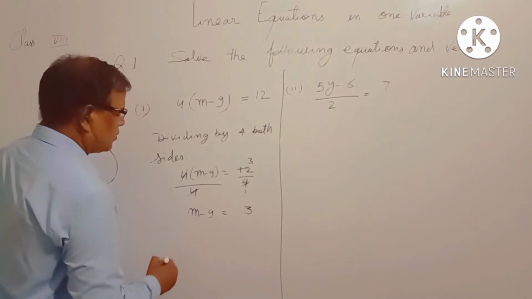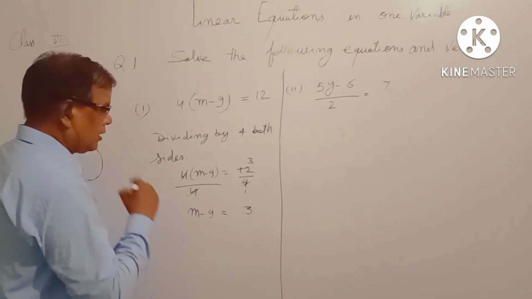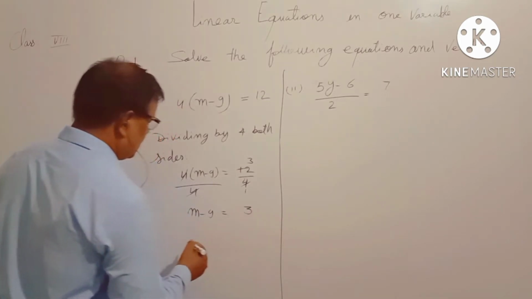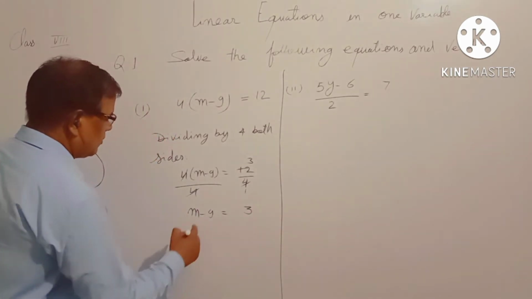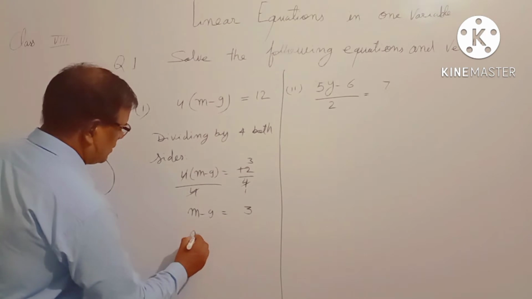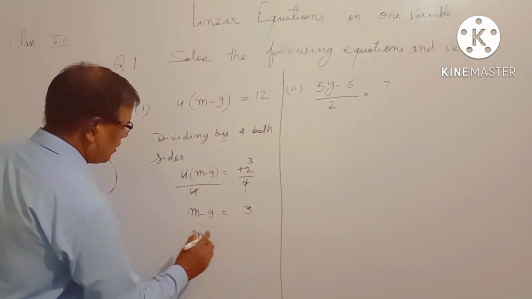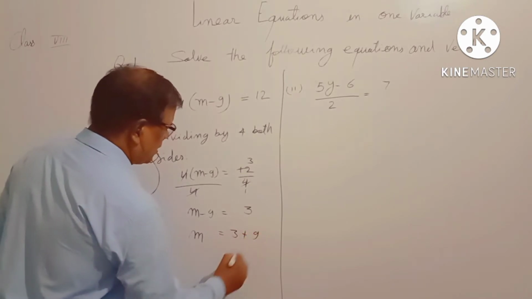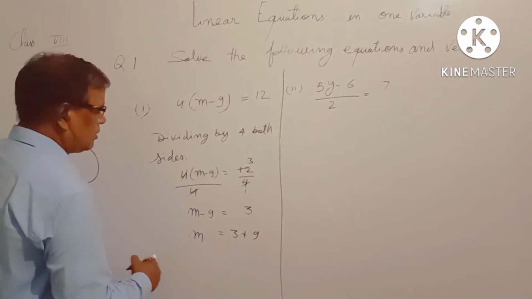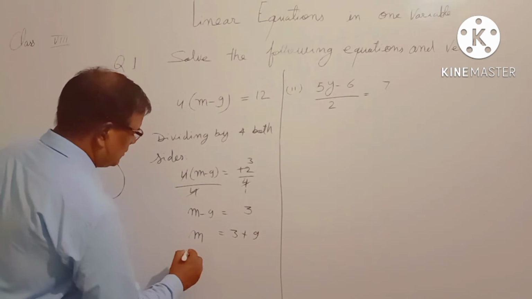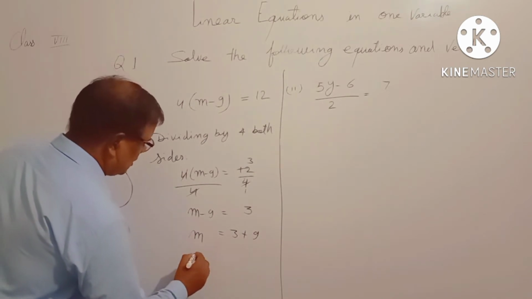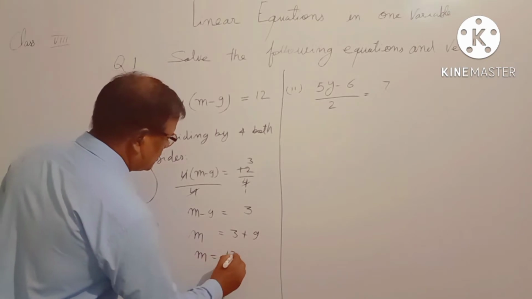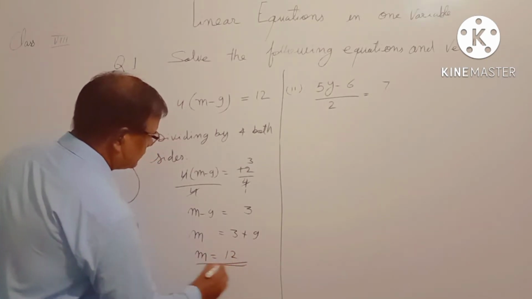Now we transpose minus 9 to the right side and change its sign from minus to plus, so m equal to 3 plus 9. Because we have transposed 9 to the right side, we changed the sign. Therefore m equals 12.